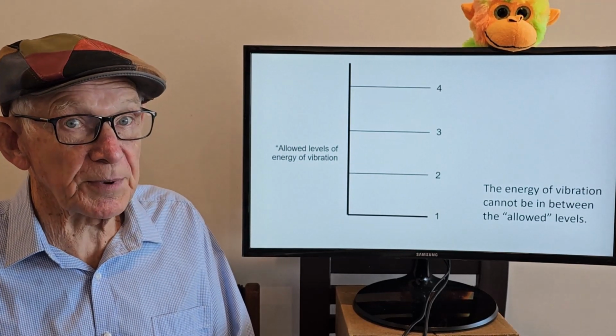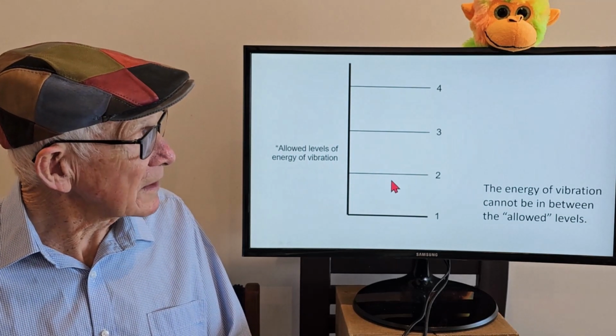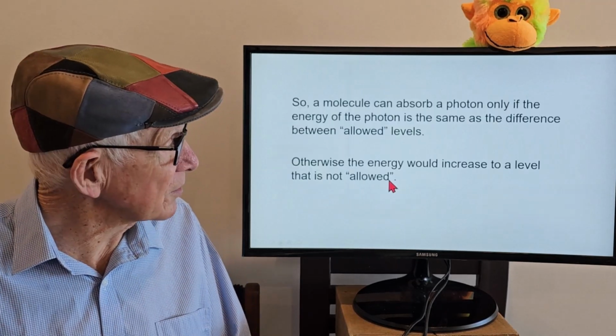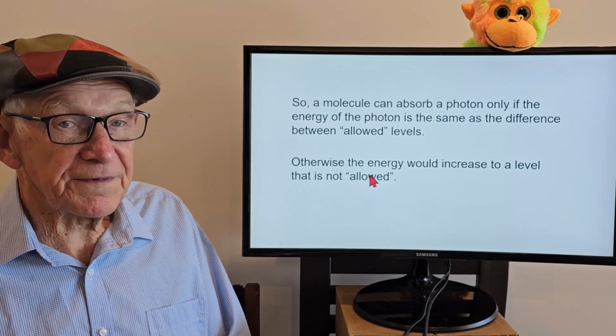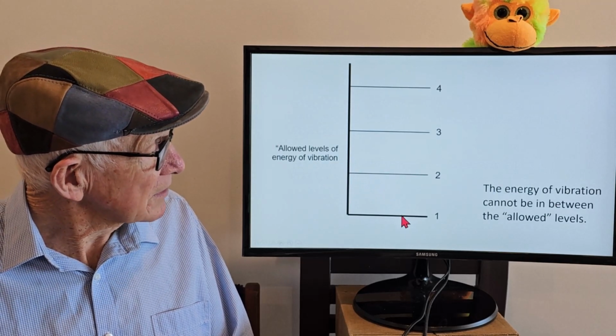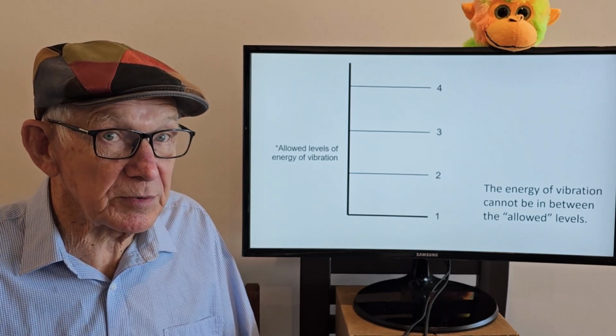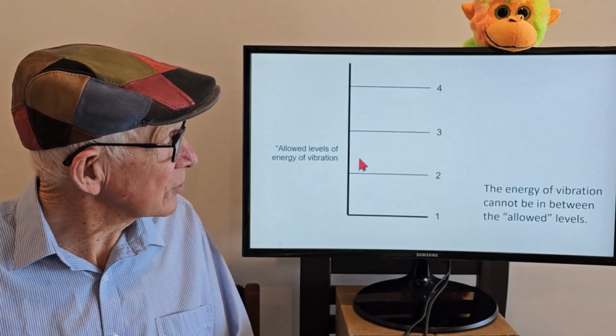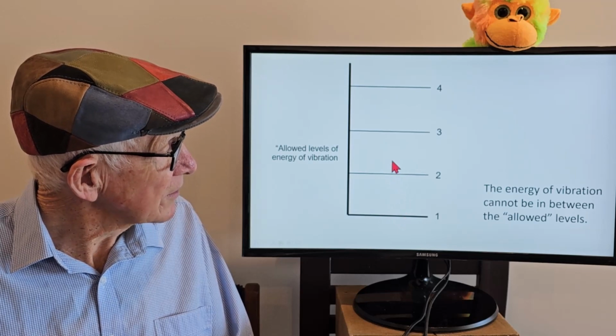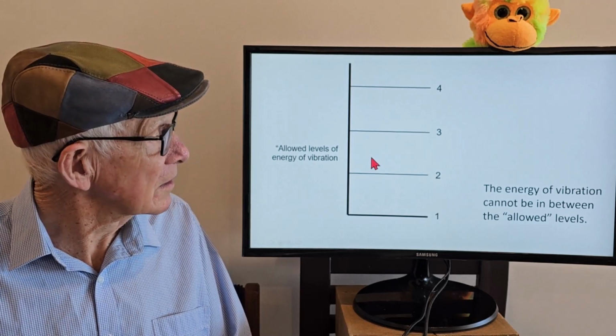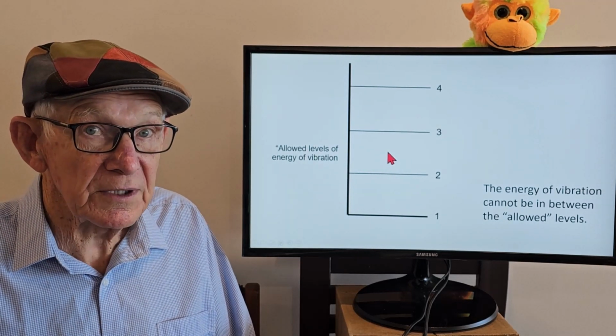They're just not possible. Now that has an enormous consequence, that if a molecule that's in this level is going to absorb a photon, it cannot absorb a photon which would take it from there to there. It's not an allowed condition.